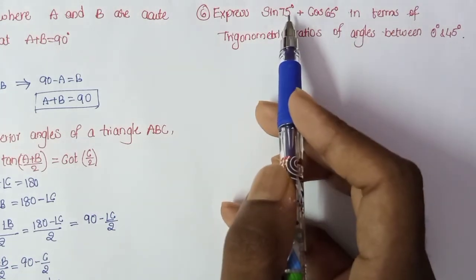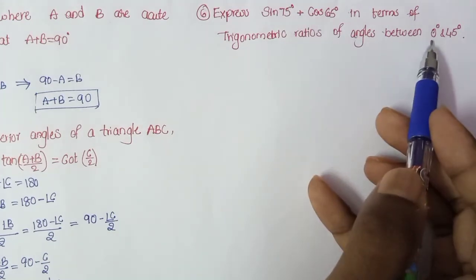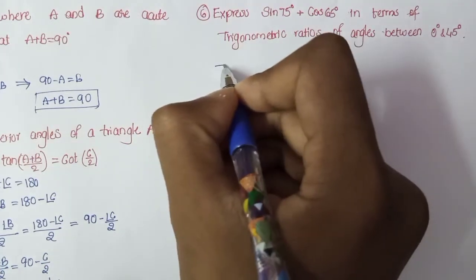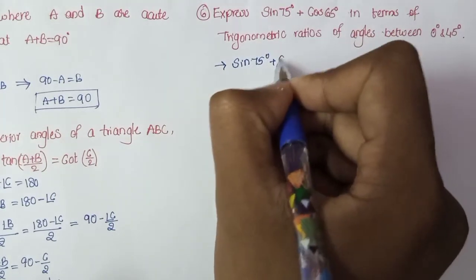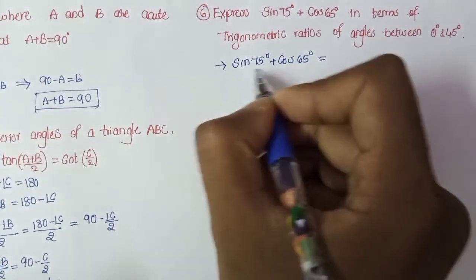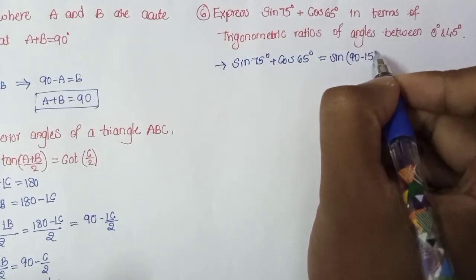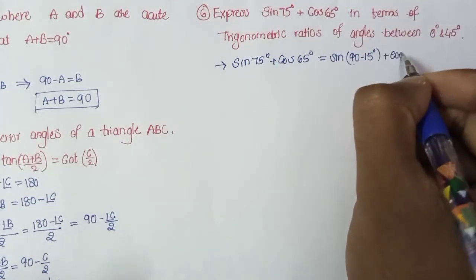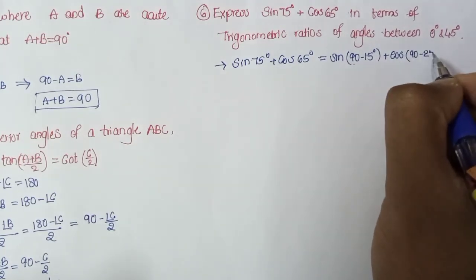We can use a complementary relationship here, the 90 minus theta relationship. Sin 75 degrees plus cos 65 degrees is what they have given. We can write sin 75 as sin (90 minus 15) degrees, plus cos 65 as cos (90 minus 25).